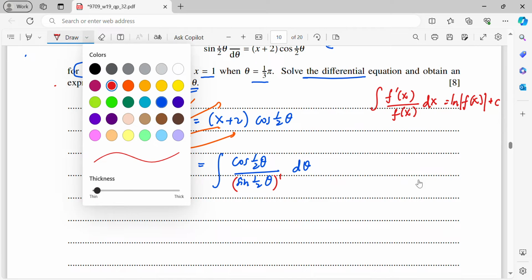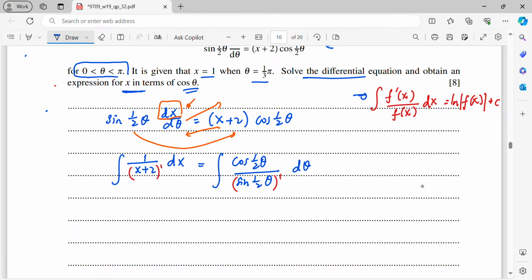So now I will substitute back into this formula, which means I will write down the denominator first. When we differentiate x plus 2, it's basically 1. So now it's exactly the same as the left side. No need to times a constant outside. Now, right hand side, when you integrate sine half theta, the sine changes to cos, remaining the half theta. But then when you differentiate half theta, that is half.